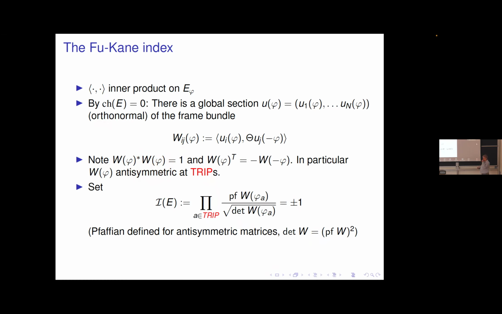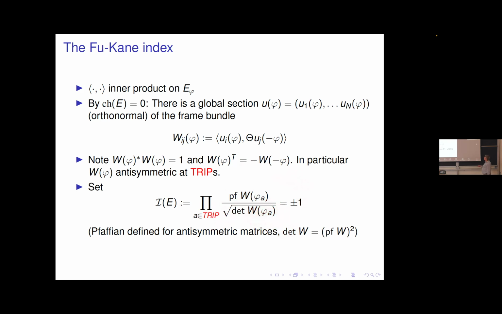At each point you have two values. The square root of the determinant that comes up here is slightly ambiguous because you don't quite know which square root to take. But at each point, the two are distinct. And it so happens that if you take one branch and you go all over the torus, loops included, you come back to the same branch. I'm not going to explain that, but you can take one branch once and for all over the whole torus.